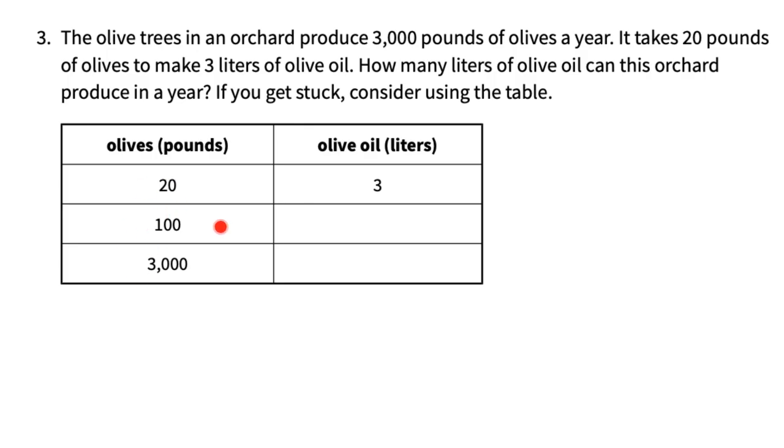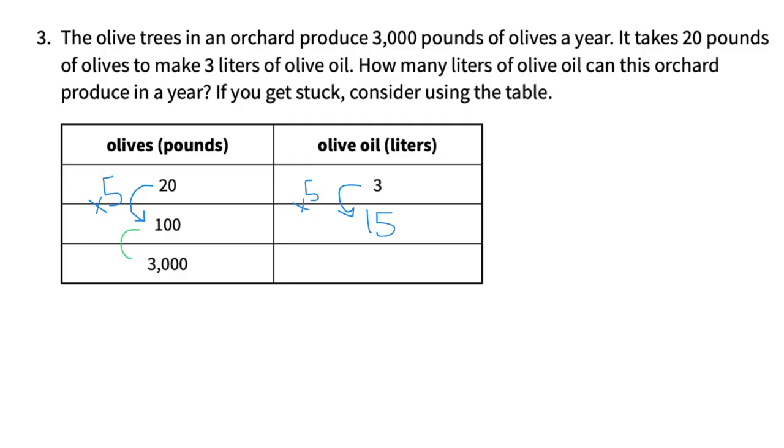So they gave us this intermediary number here, 100. So let's take advantage of it. So 20 times 5 gives us 100. So 3 times 5 gives us 15. So 100 pounds of olives gives us 15 liters of olive oil. And now we can go from 100 to 3,000 pretty easily.